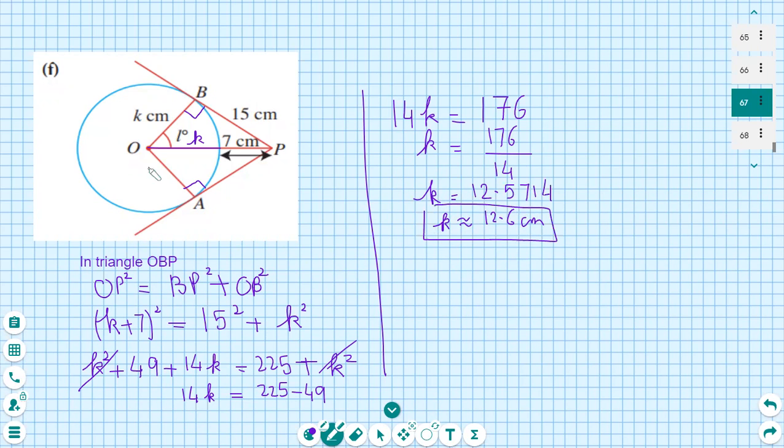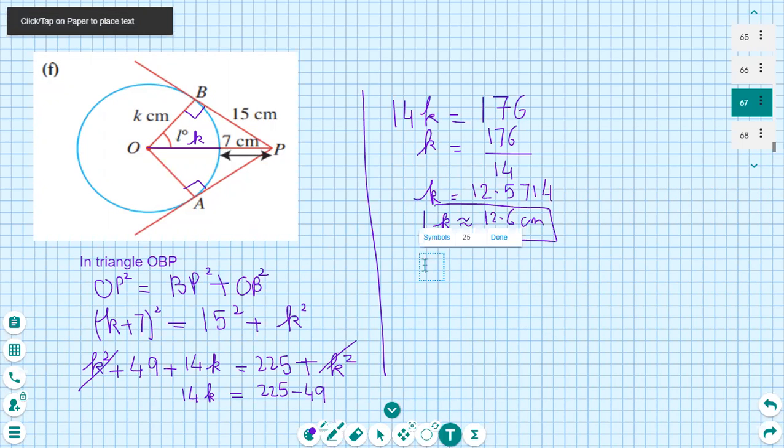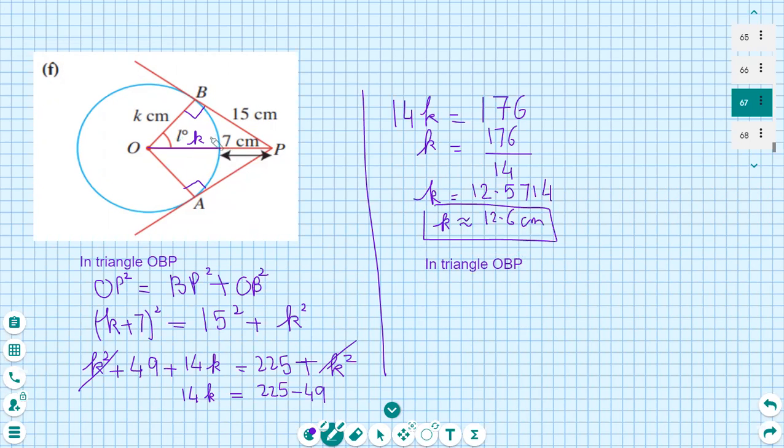So the other unknown is the angle L, which is actually in the right angle triangle. So we can find this angle by applying the trigonometric ratios. So in the right angle triangle OBP, the sides known are using this.